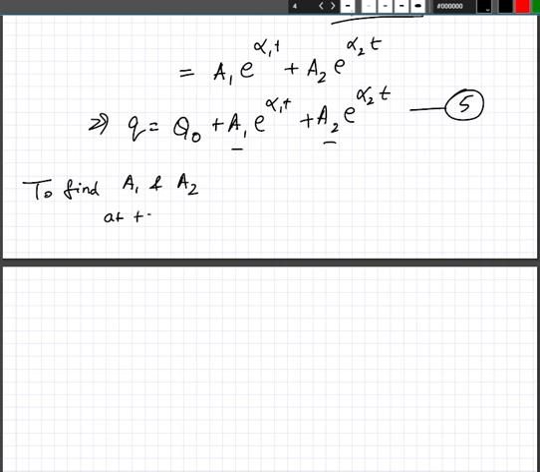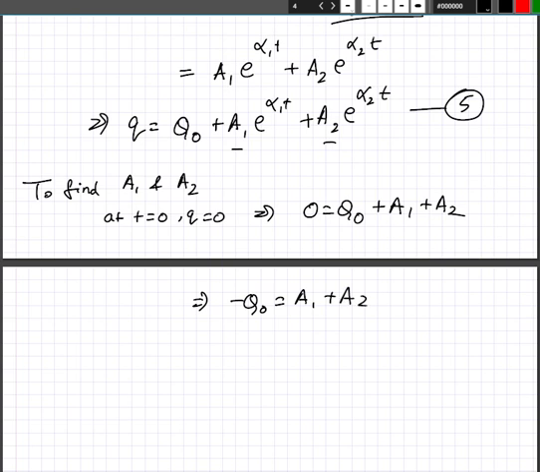So at t is equal to 0, q is equal to 0, and that implies 0 is equal to q naught plus a1 plus a2, that implies minus q naught is equal to a1 plus a2.